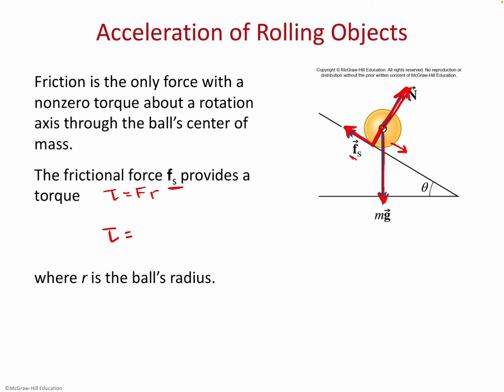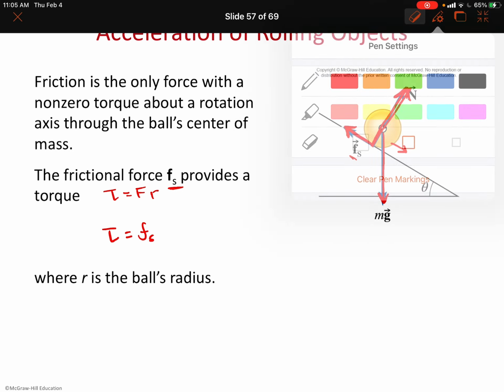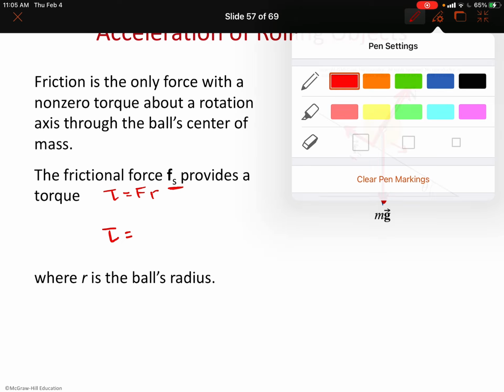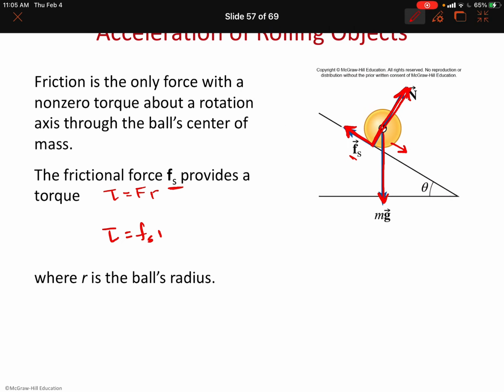So torque is equal to this static friction times radius. And the R in this situation is the ball's radius.